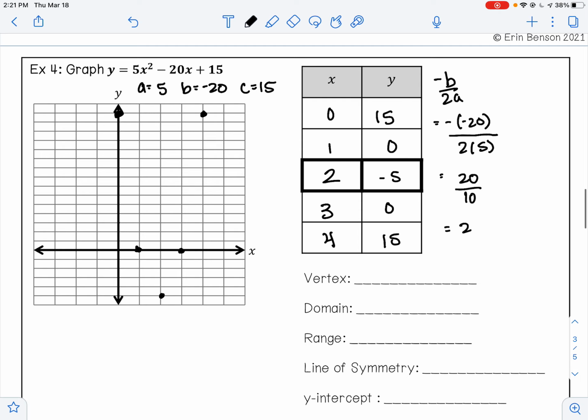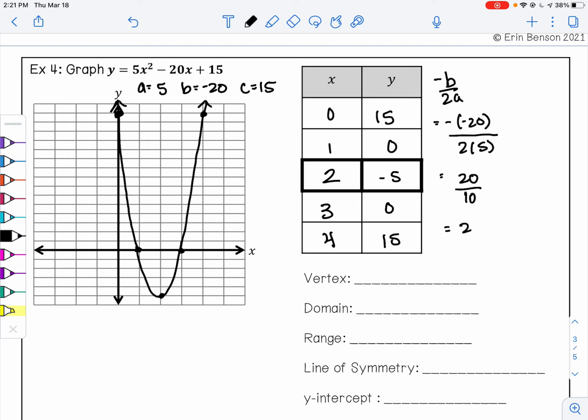Alright, once I have those points, I can connect them to create a parabola. There is my parabola. They want to know the vertex. The vertex is at the ordered pair (2, -5), which is right here.